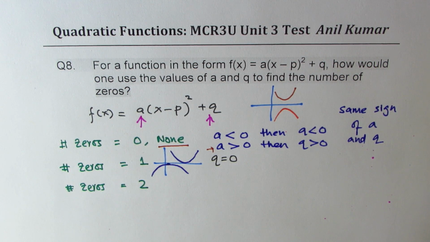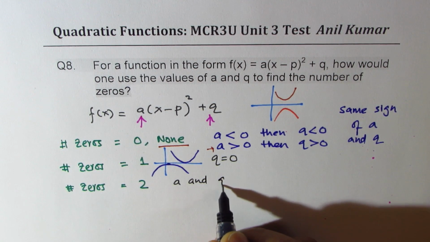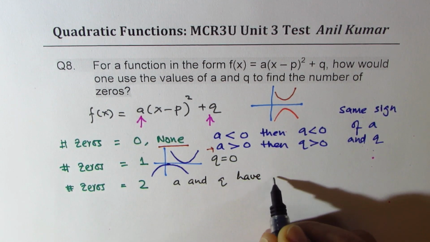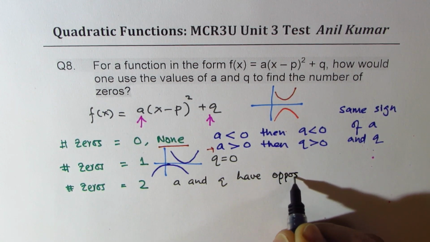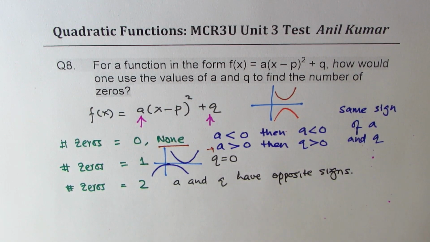And the third condition, two zeros, is possible if and only if A and Q have opposite signs. Perfect.